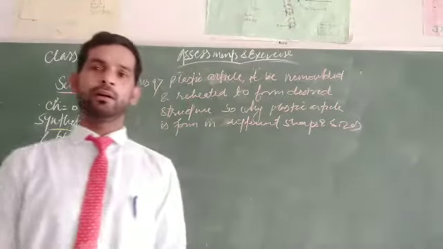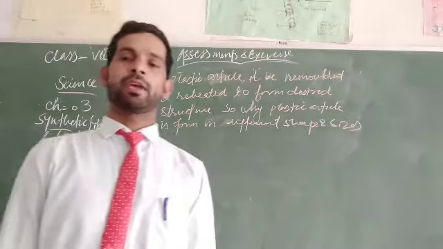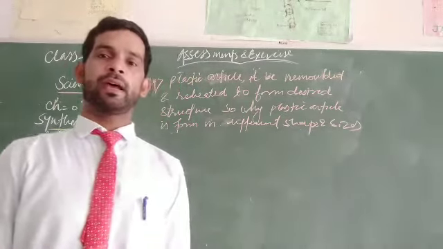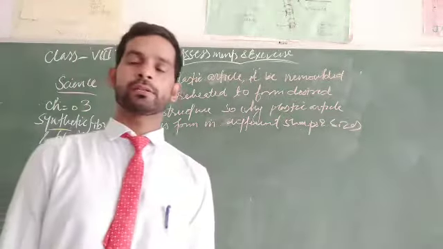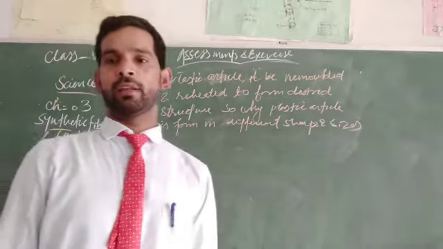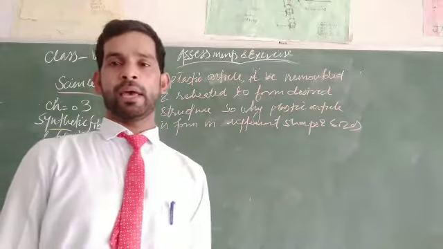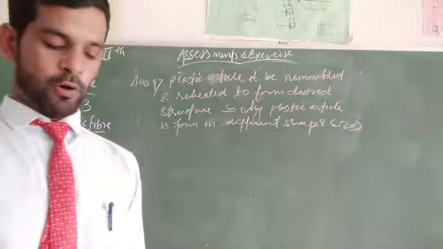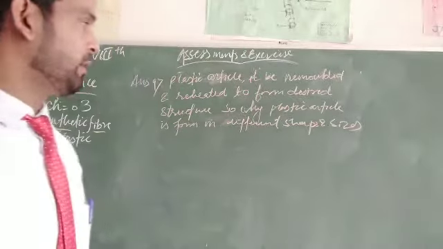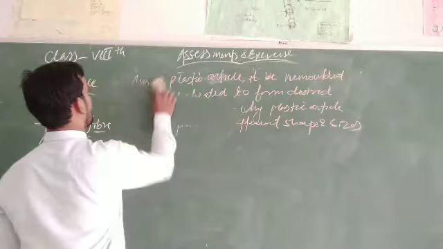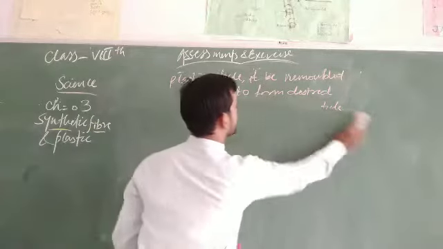Plastic is a material which can be remolded, reheated, and formed into its desirable form, by which we can obtain different sizes, shapes, and whatever form is desired. This is all about the very short answer questions.